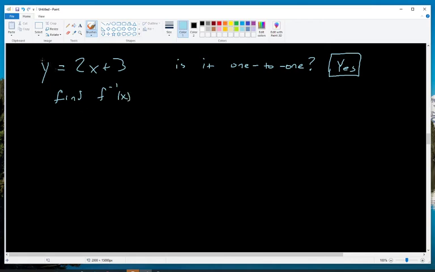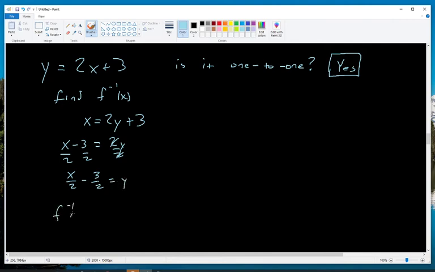So we said, all right, replace the symbol f of x with y. It's already kind of done for us with this equation. So what we're going to do now is switch the x and y. And we're going to solve for y. So the 3 subtracts across. And then I need to divide everybody by 2. So x over 2 minus 3 over 2 is my y.